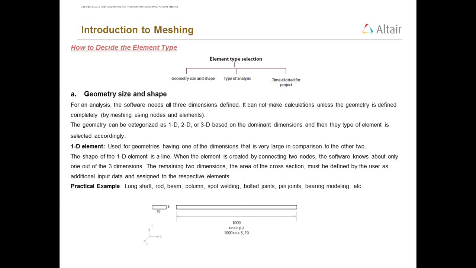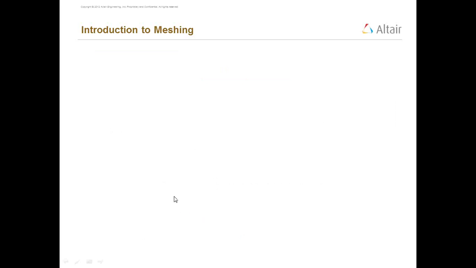Practical examples are long shaft, rod, beam, column, spot welding, bolted joints, pin joints, bearing modeling, etc. As you can see in this model, the length is very large as compared to its cross section. That's why we can use 1D elements here.